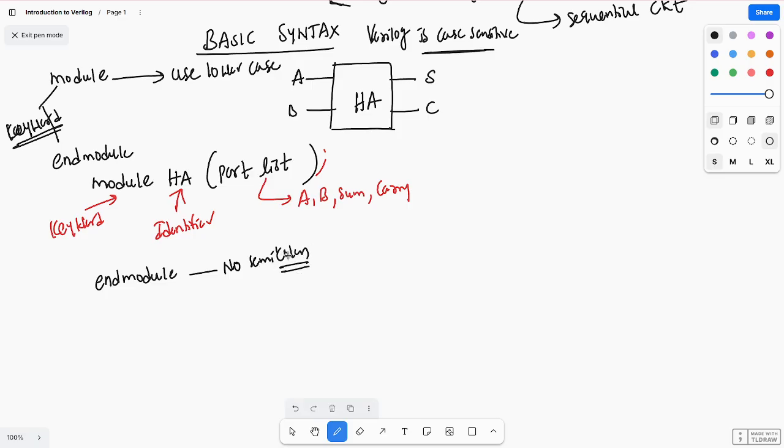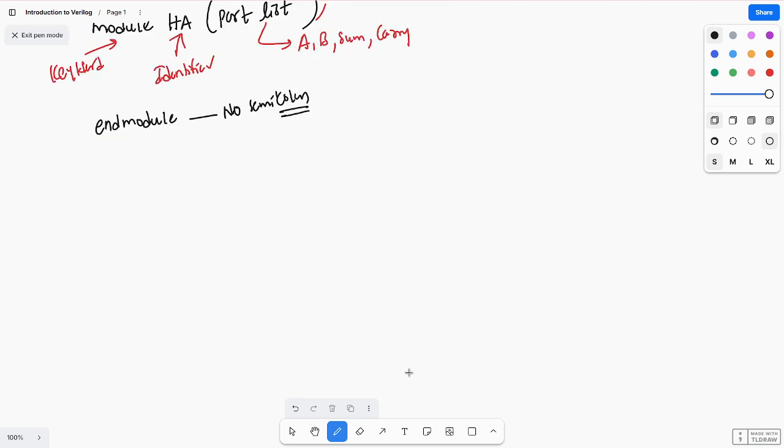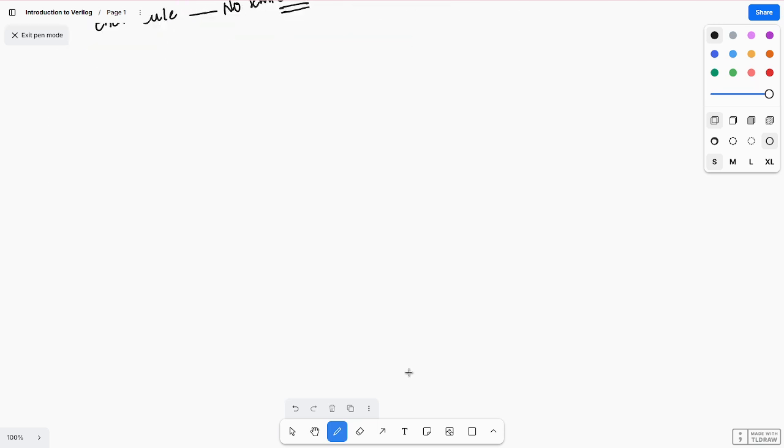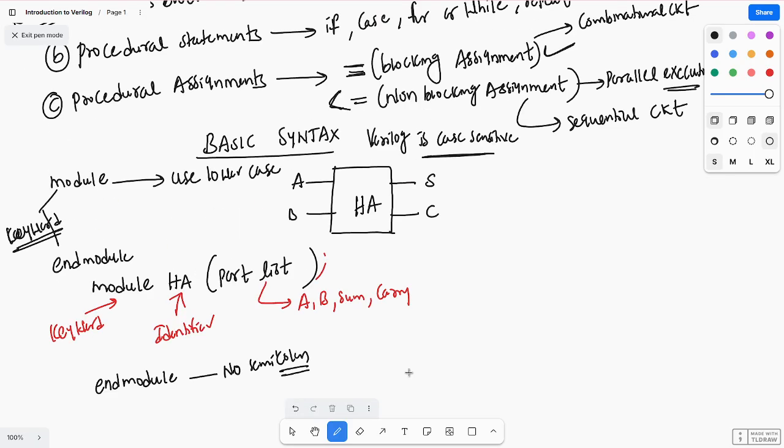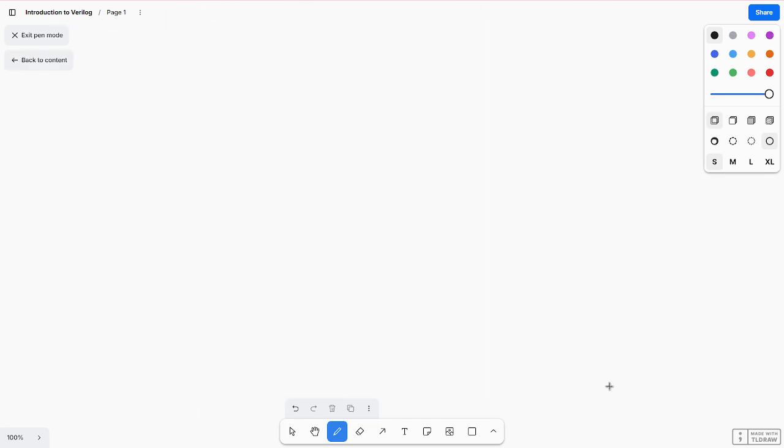Is it fine? Did you understand? Next, rules for identifiers. I told you this is the identifier, or we can call it the module name. So what are the rules for identifiers?